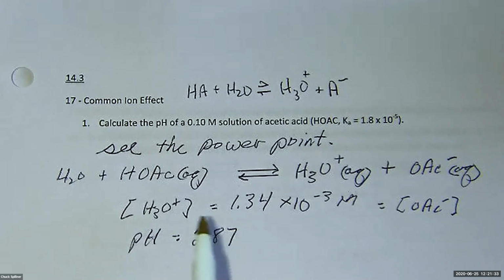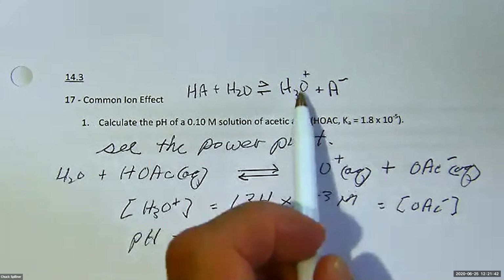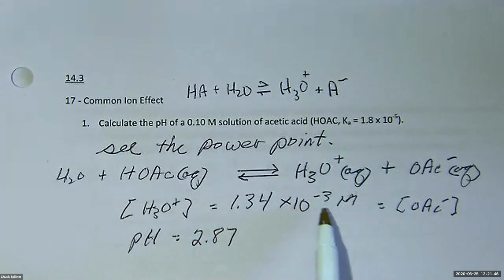One was the hydronium ion concentration, which was 1.34 times 10 to the minus 3. Remember, this is the X. That was also the acetate ion concentration. So they were both 1.34 times 10 to the negative 3 molar. The pH was 2.87. So I'm going to be referring back to these values as we go through these other calculations.